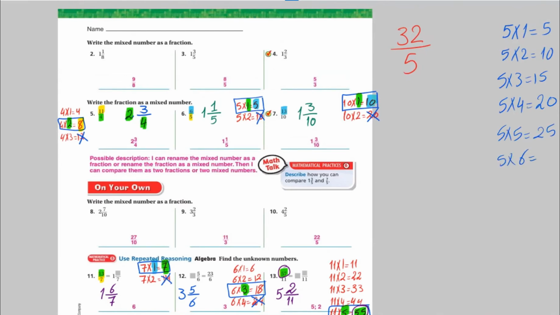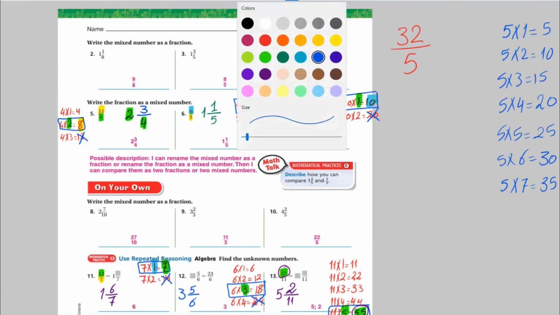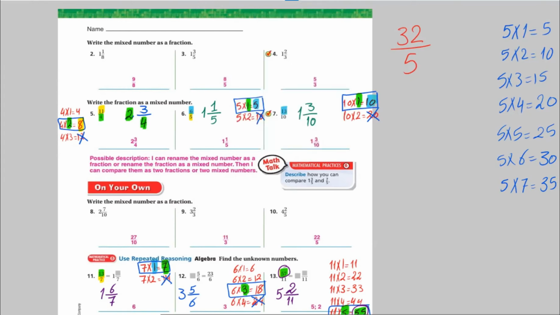We didn't reach 32 yet. 5 multiplied by 6 is 30, and 5 multiplied by 7 is 35. We cannot take 35 because it's bigger than 32, so we're going to take 30.